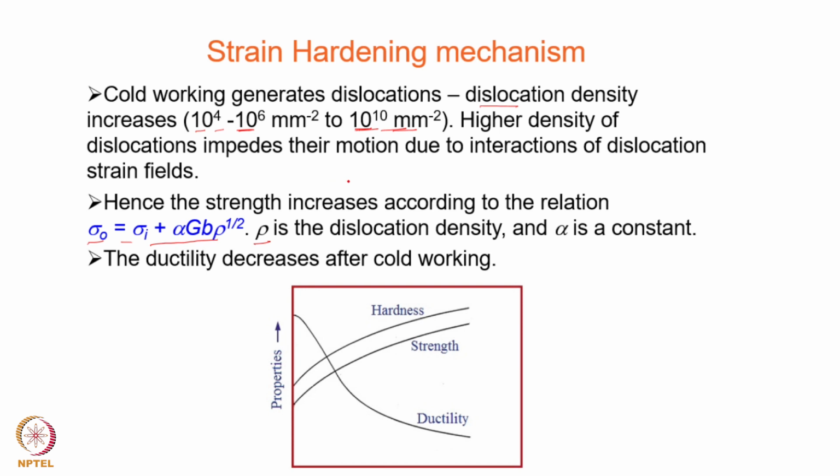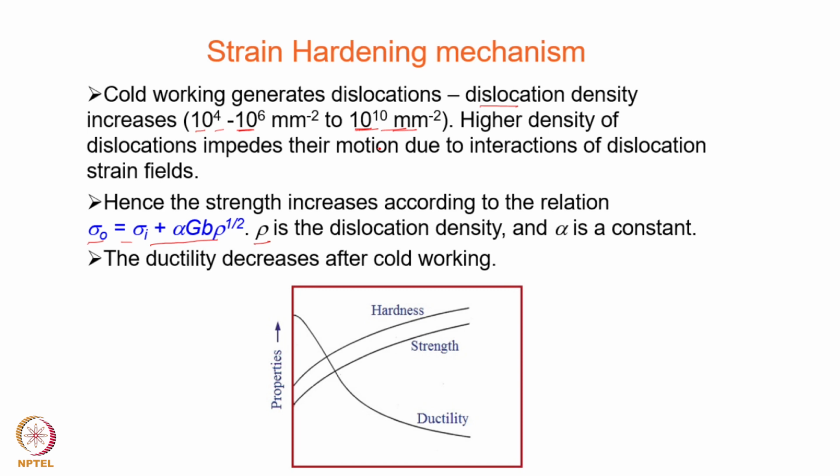Okay. So because of availability of higher dislocation density, the motion of other dislocations which are now moving on the slip plane as you deform the material will be difficult, and as a result of that, the strength will increase.